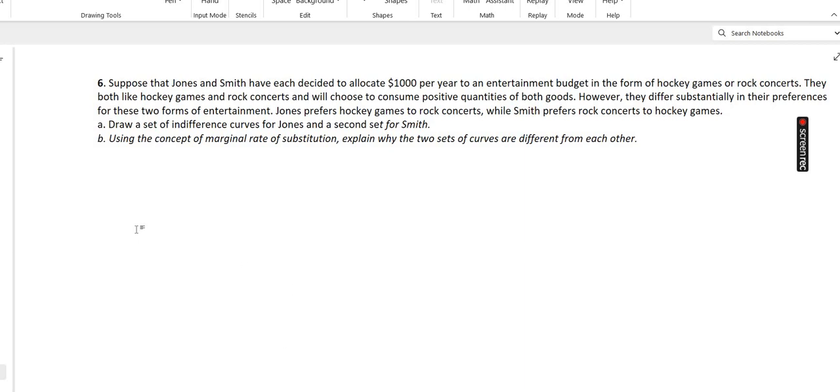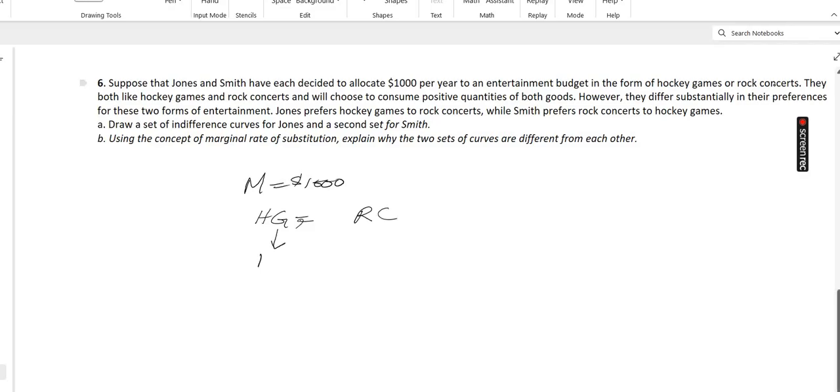So if you have a look at question number 6 from the exercise: suppose that John and Smith have each decided to allocate $1,000 per year for an entertainment budget in the form of hockey games and rock concerts. So what commodities do we have? Money is equal to $1,000, one commodity is the hockey game, and the second commodity is the rock concert, right?